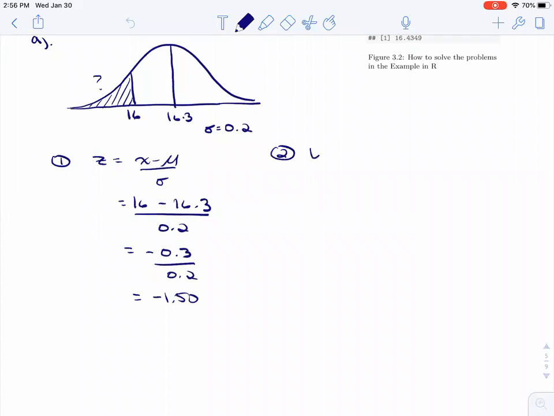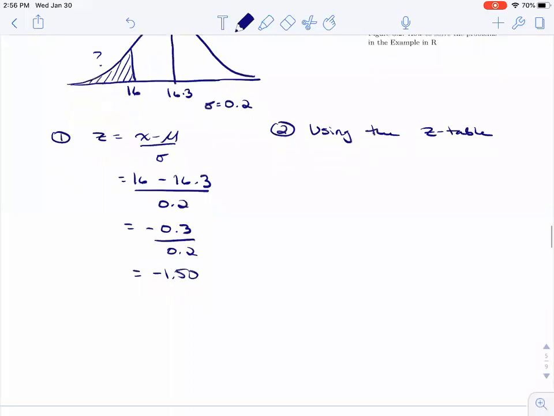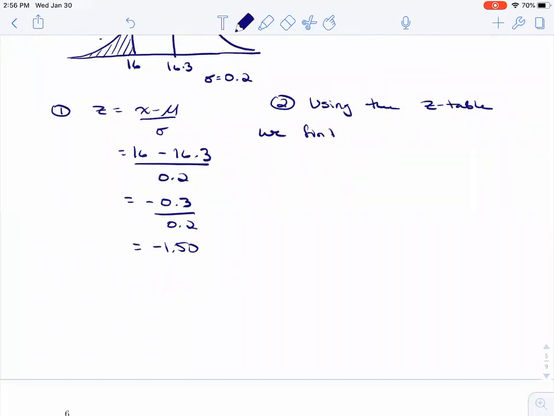So using the Z table, we find the area to the left of Z equal to negative 1.50 is 0.0668. I'm just writing out exactly what I did and what I found.